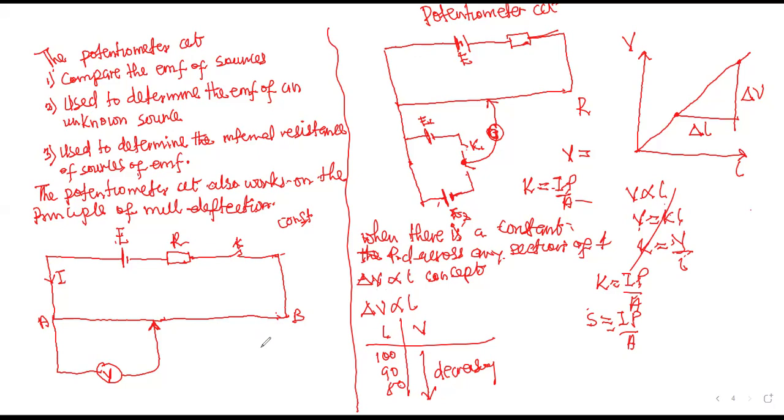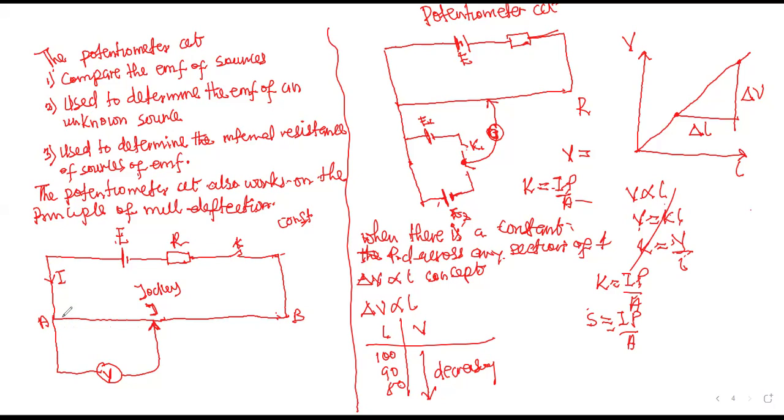the precautions with the potentiometer are that when you are measuring the length, as given, maybe in increasing or decreasing order, the jockey, which is this, must not be slashed over.